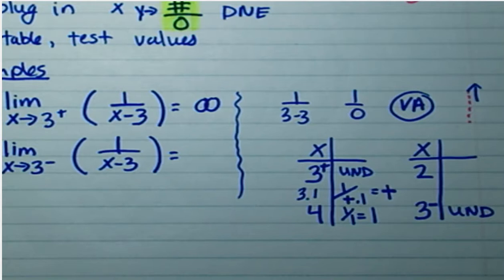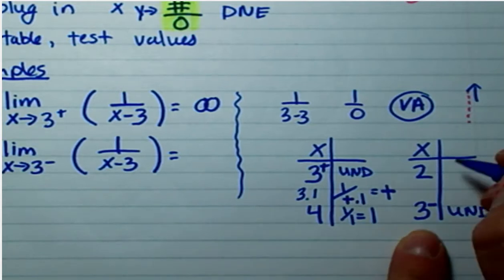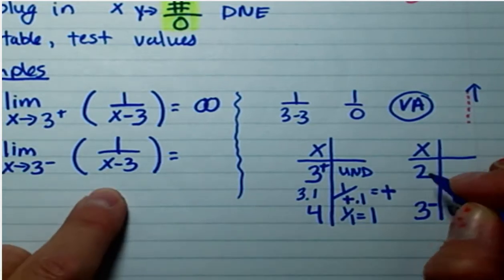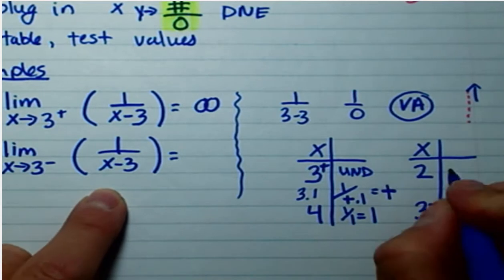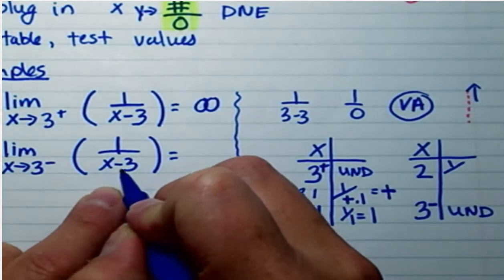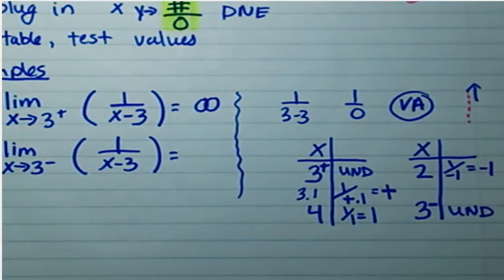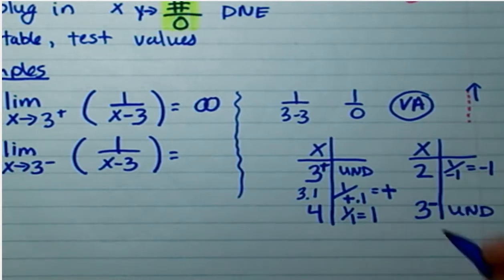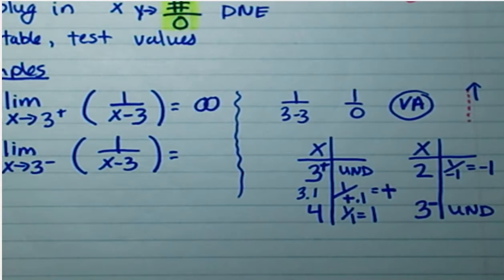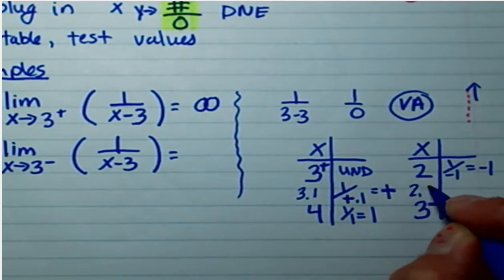Now we're going to test to the left of 3. I'm going to start with 2 because I want something concrete. 2 minus 3 is negative 1. So I'm thinking negative. I want to get a little bit closer. Somebody besides Woody, give me a number close to 3 on the left. What can I test? 2.9. Okay, 2.9.